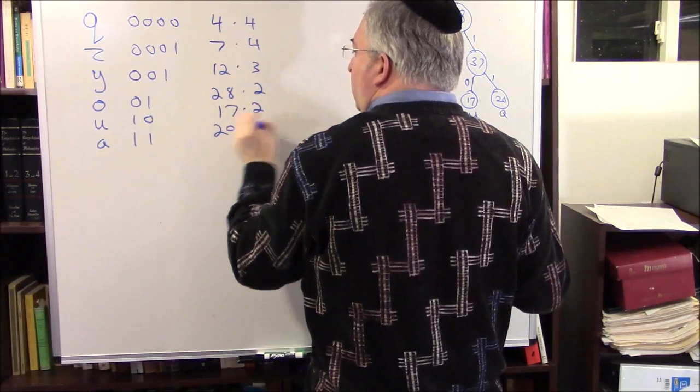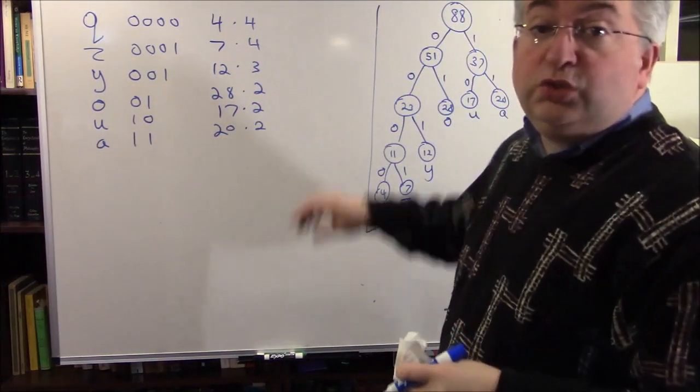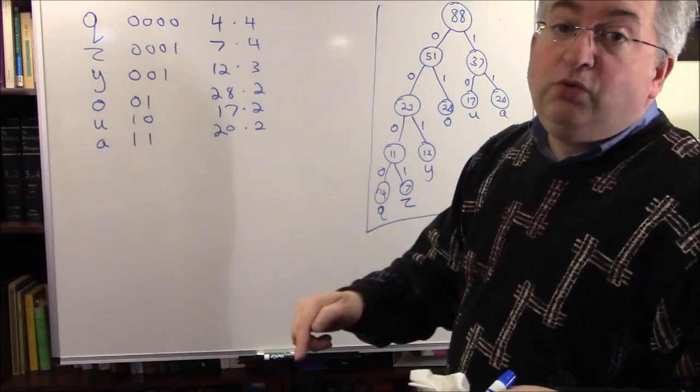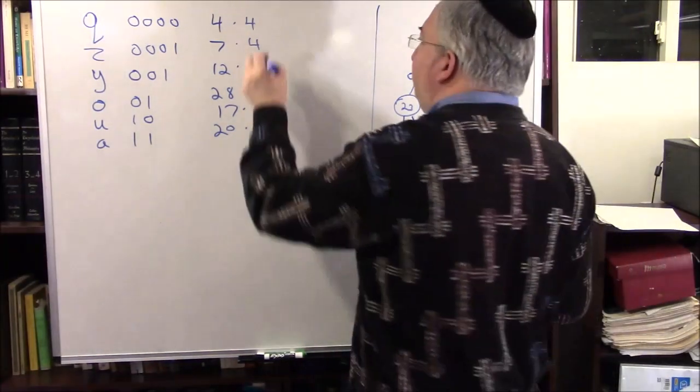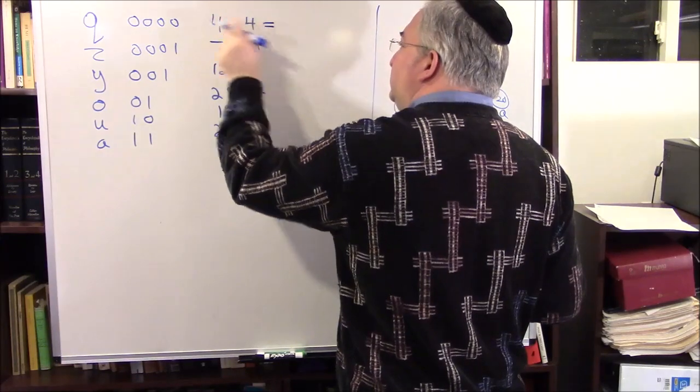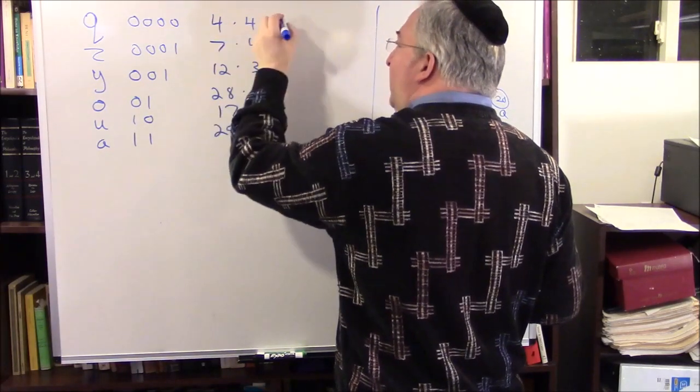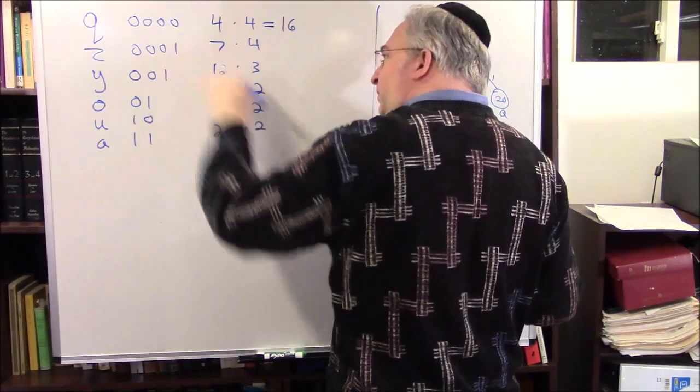So if we were to use this code rather than the code before, we would have 16,000 bits representing Q's.